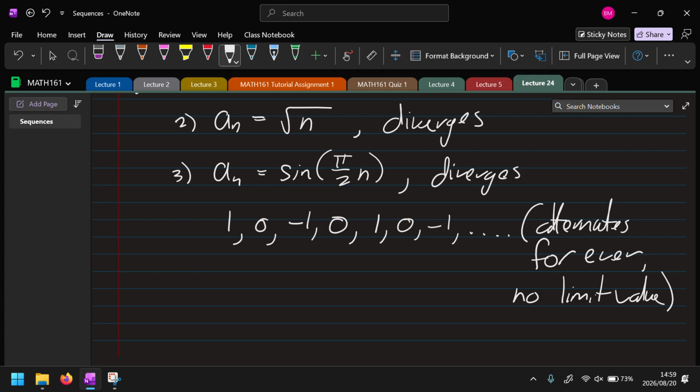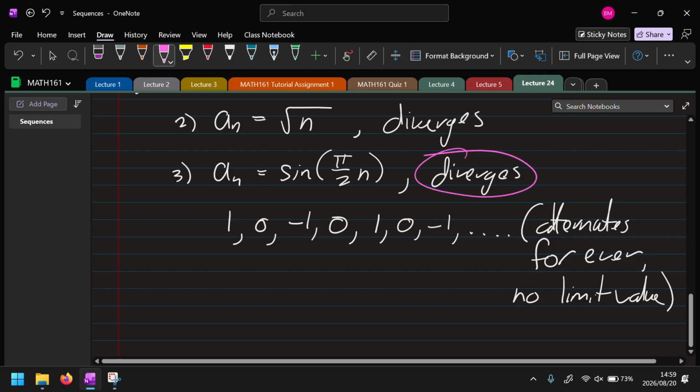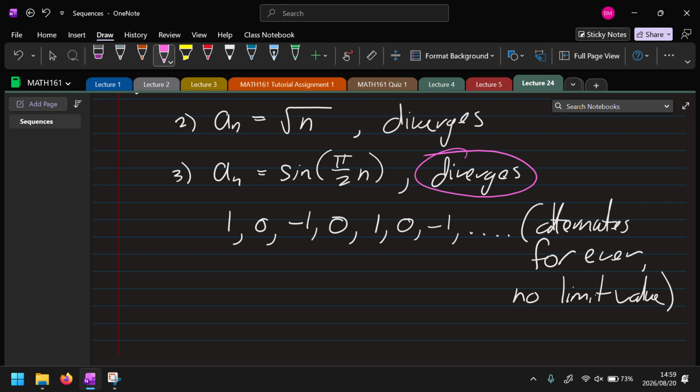Please be careful about this word diverge. Diverge doesn't mean that it goes to infinity. That's one case. Another case is when it's alternating. It also diverges. So please just keep that in mind. Any questions about converges or diverges?